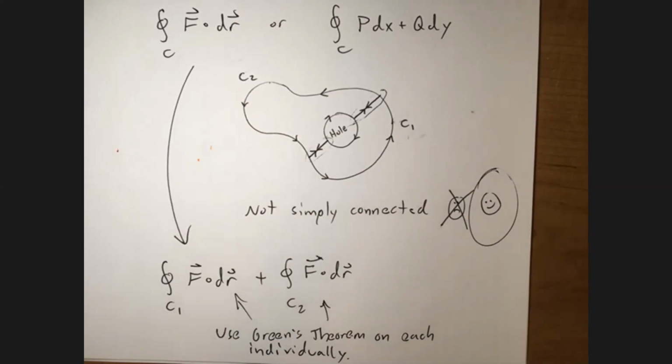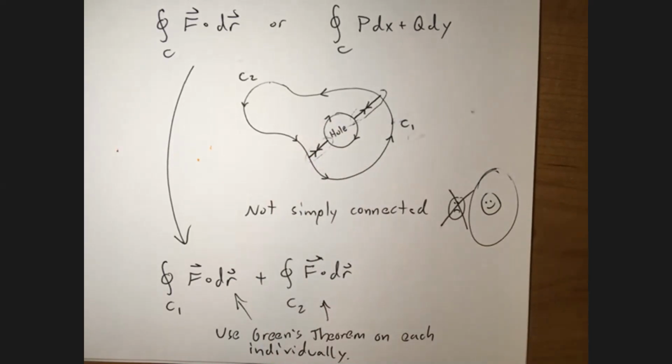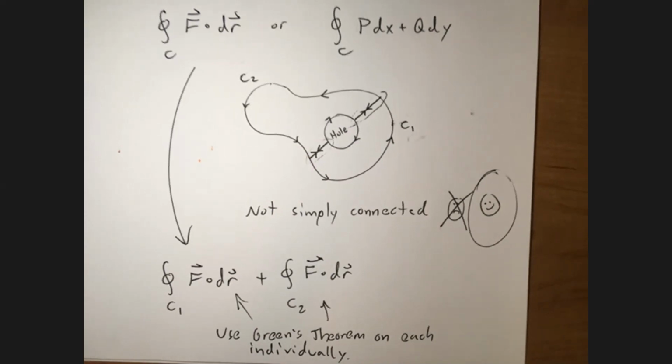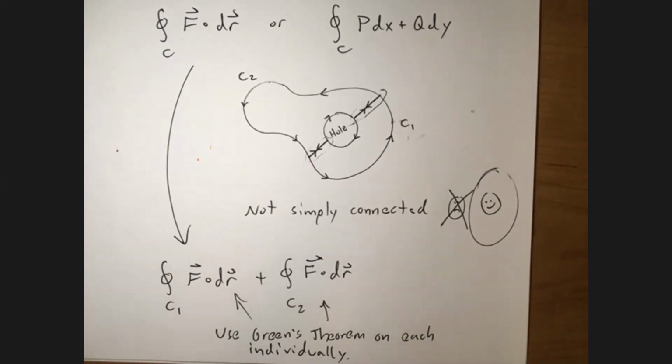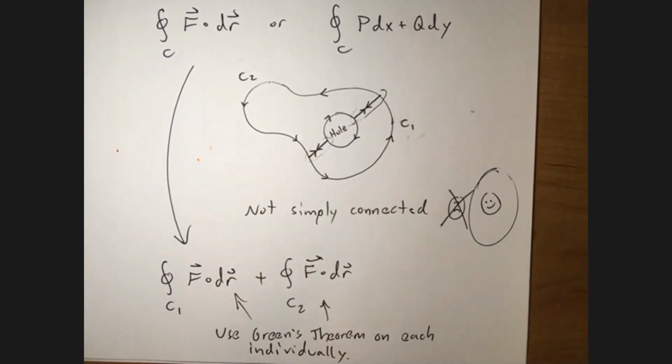Even if the region's not simply connected, you can still do it, provided you can cut it into separate simply connected regions. There's an exercise in the homework where you are asked to do exactly this. There's a video where they step you through it, but I think it's saying exactly the same thing. You could probably figure it out without the video based on what we just talked about.